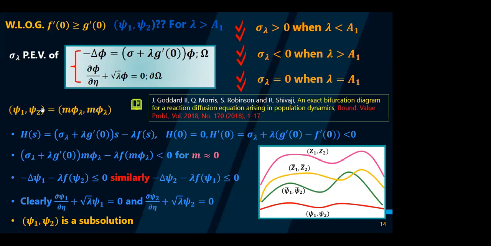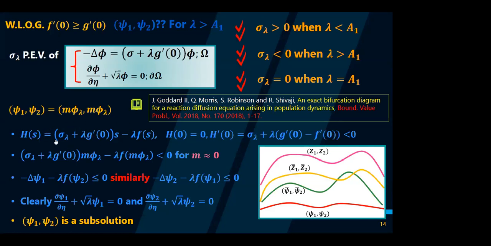Now I'm going to take psi1, psi2 to be this pair m phi lambda, m phi lambda. Phi lambda is the eigenfunction associated to this eigenvalue problem. To show that this is a sub-solution, I'm going to define this function h of s. Then we can immediately see that h of 0 is 0 because f of 0 is equal to 0, and h prime of 0 is going to be this expression. Now using the fact that g prime of 0 is less than or equal to f prime of 0 and sigma lambda is negative when your lambda is bigger than A1, we can see that this quantity is negative.